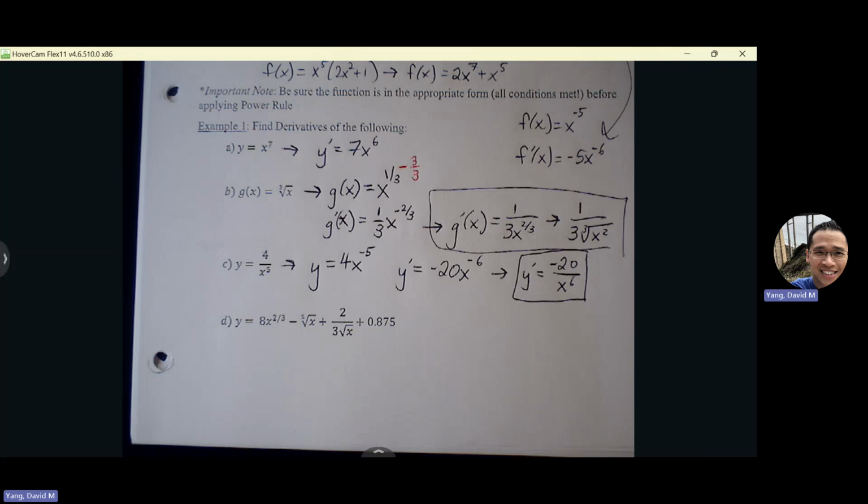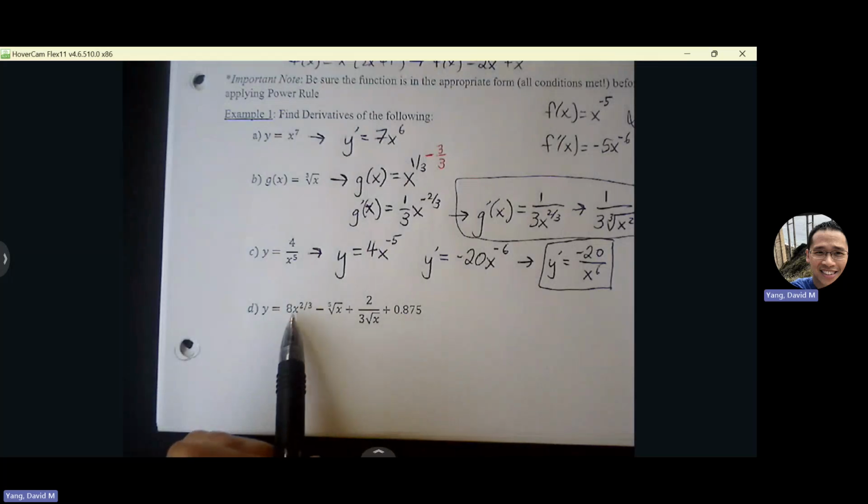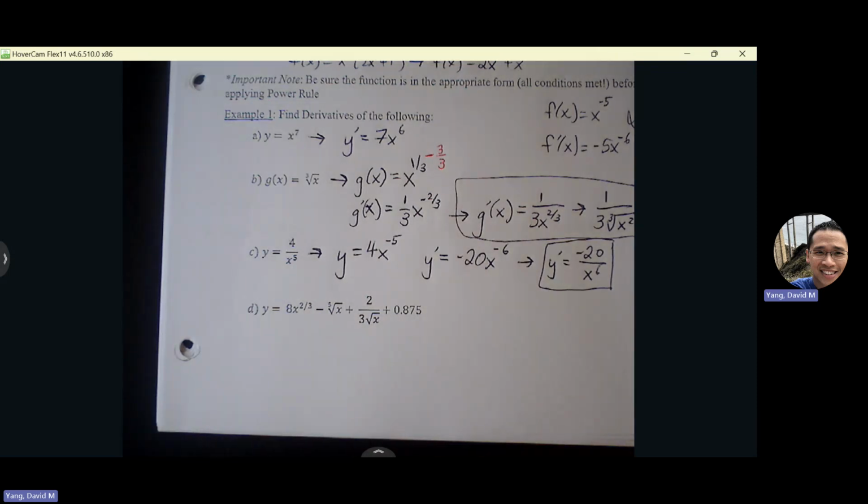Some of these terms are more ready for power rule than others, so I think the best thing to do is rewrite every term until every term is nice and ready for power rule, and then do power rule all at once. I think the danger of doing power rule for one and cleaning up the other is that it's really hard to go back and know what you did or check your work when every term is at a different level.